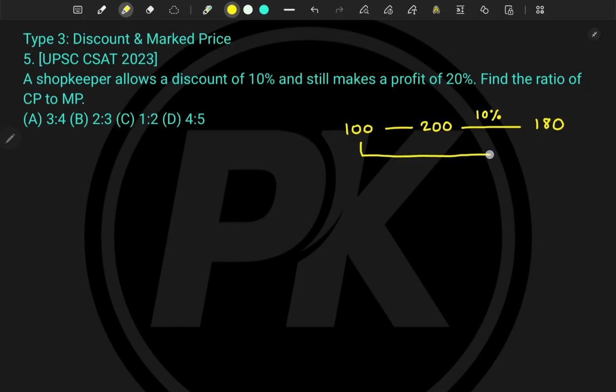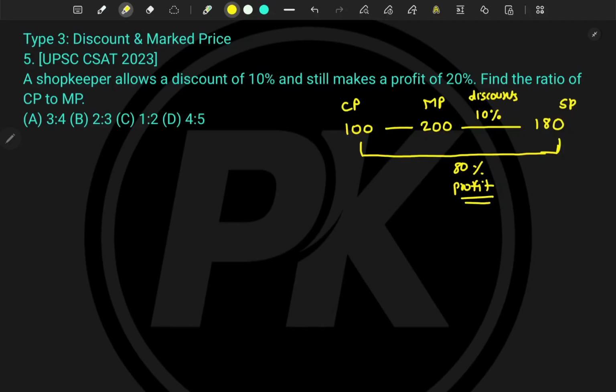And you made a profit of 80 percentage. So this was your cost price, this was your marked price. Only on marked price we give discounts, right? And the ultimate price is what? Selling price. And this is what? Your profit.